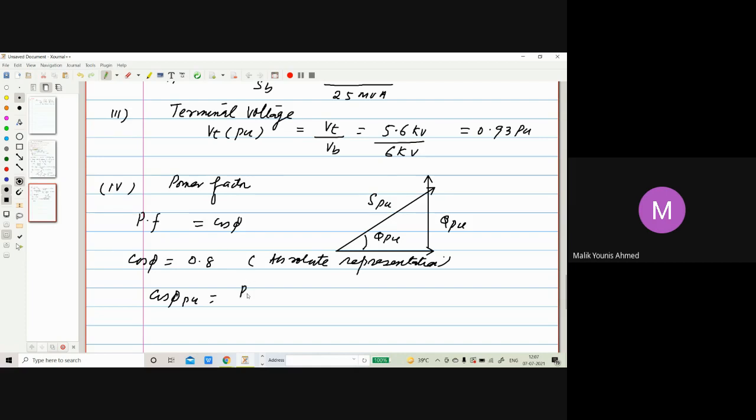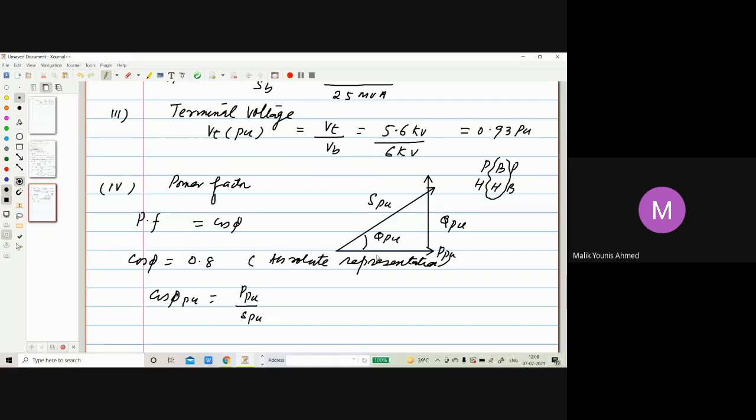P per unit divided by S per unit. As we know, cos theta is base by hypotenuse. Base is PPU and hypotenuse is SPU.